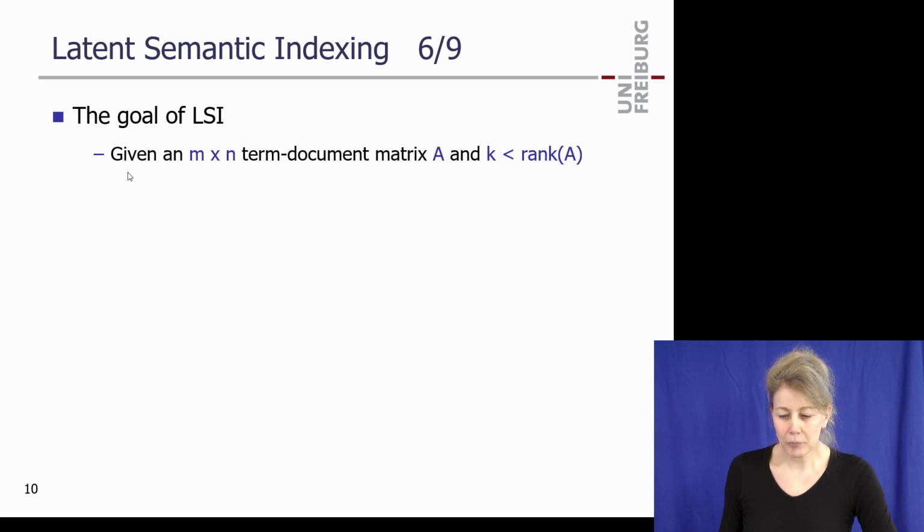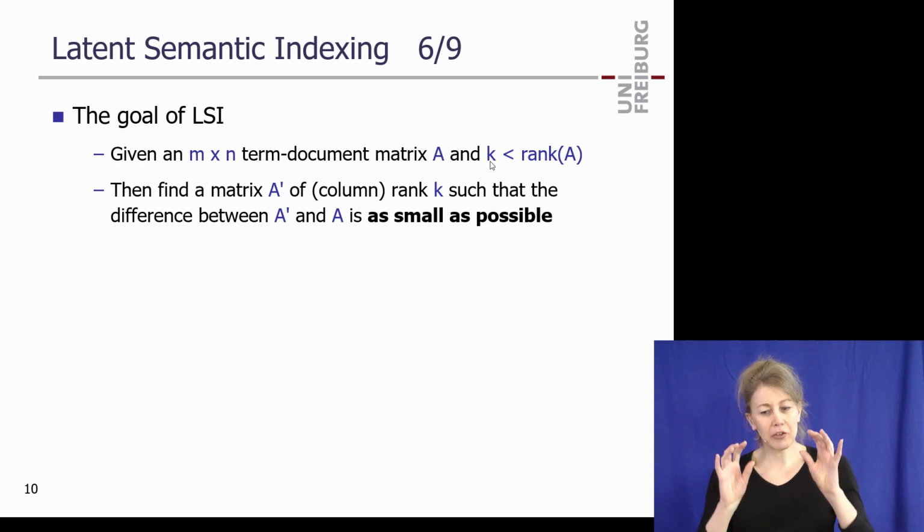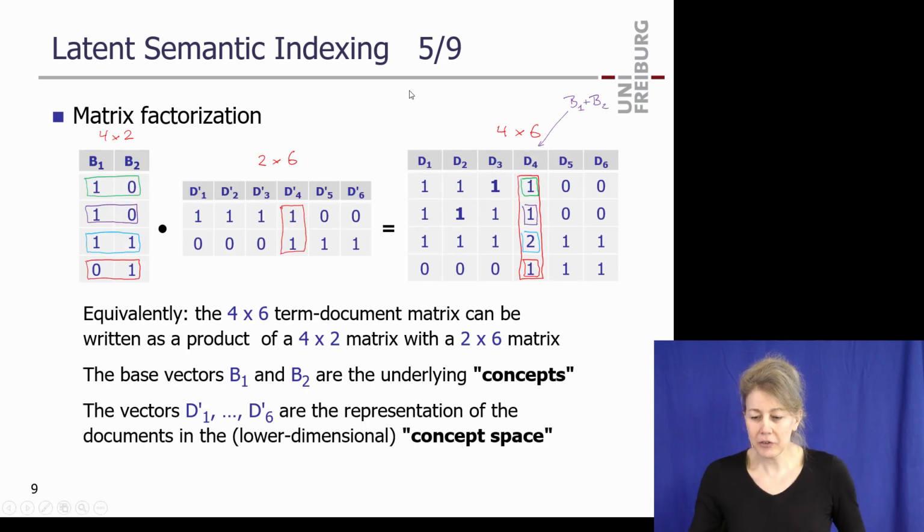So you have a term document matrix, any matrix now, and now you want a lower rank, for example 2. Our rank here originally was 4, and now we have a 2. You want to find a matrix of the smaller rank which is as similar to the original matrix as possible. This is what we did here.